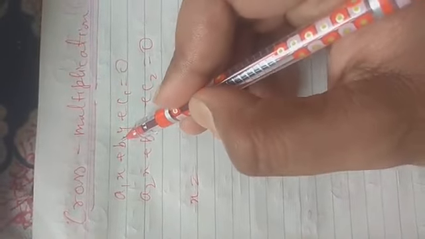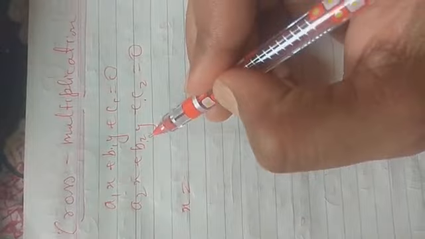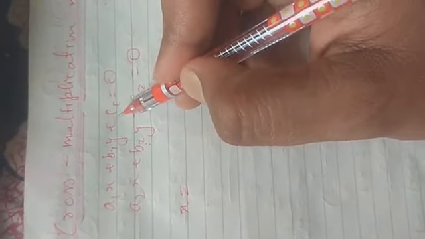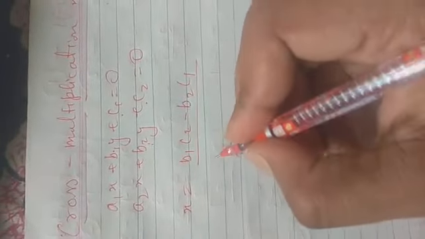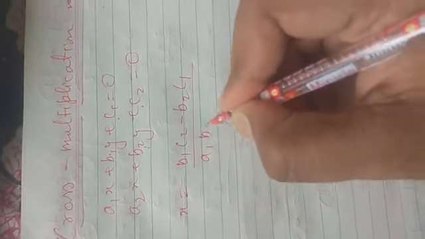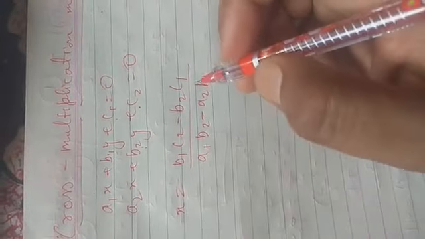So if you need to find the value of x, we will just multiply b1 into c2 minus b2 into c1, upon a1 b2 minus a2 b1. The denominator portion is fixed for both the terms x and y.